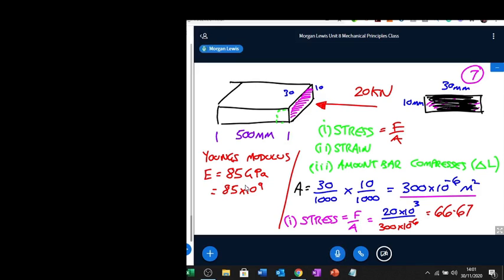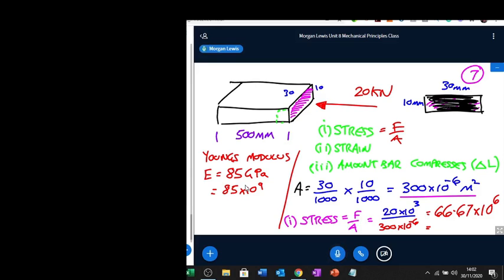No, it shouldn't be giga, it should be mega. It should be times 10 to the 6. Let me check again. 20,000 divided by that area, which is 300 to the -6. Press ENG 6. You should get 10 to the 6, Sam. Does everybody else get the same as me?